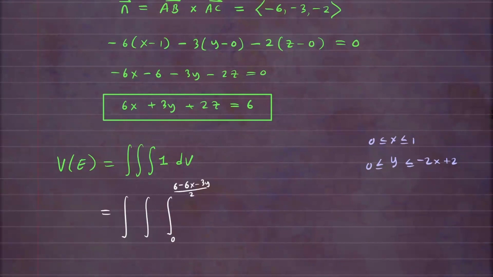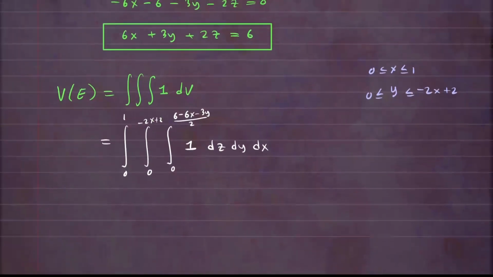That's the upper bound for z. And then y is going to go from 0 to negative 2x plus 2, and x is going to go from 0 to 1. We're integrating the function 1, so dz dy dx. That's one way to set it up. You can set it up differently if you feel like doing a different order of integration.